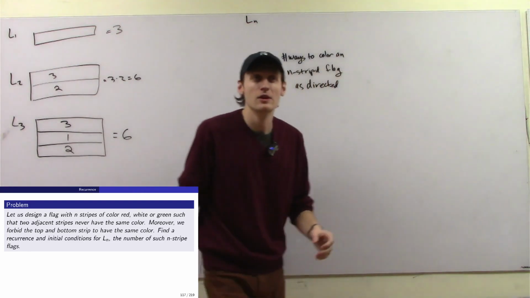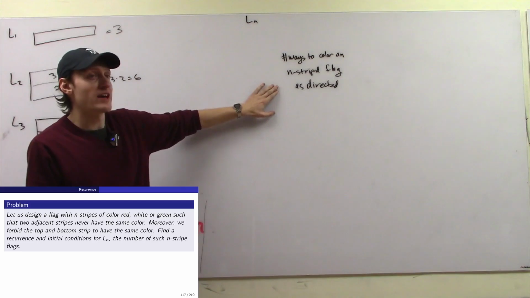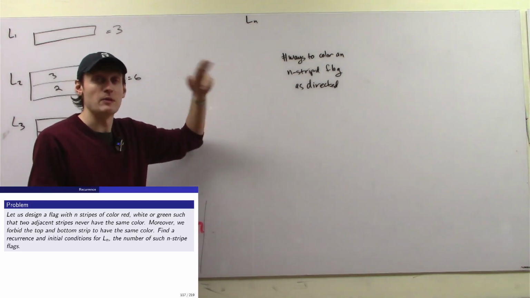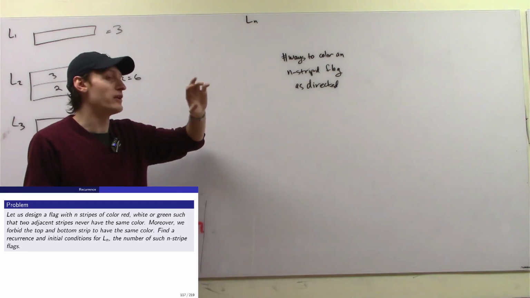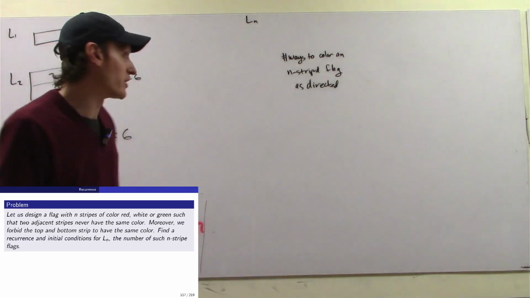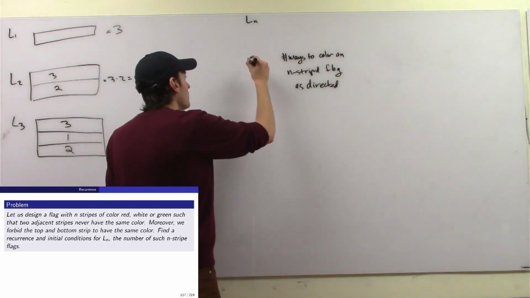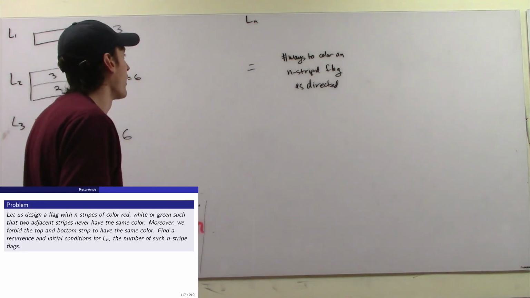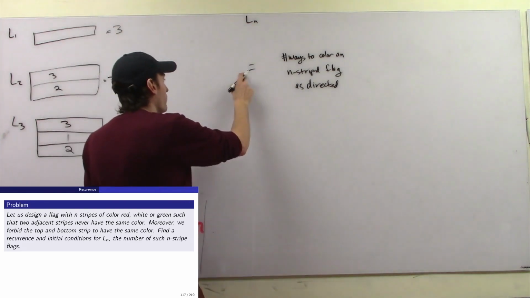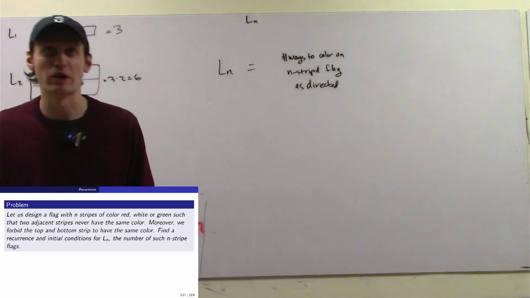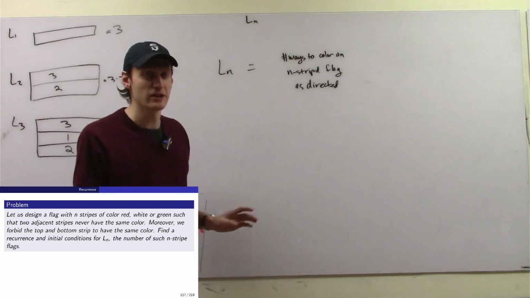This is saying number of ways to color an n-striped flag such that the top is a different color than the bottom, no 2 adjacent stripes are the same color, and also that every stripe is colored one of red, green, or white. So on this side, this is just going to be L sub n. This is always the easy part of our count, the definition side.